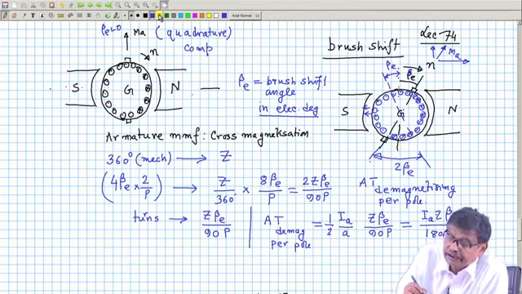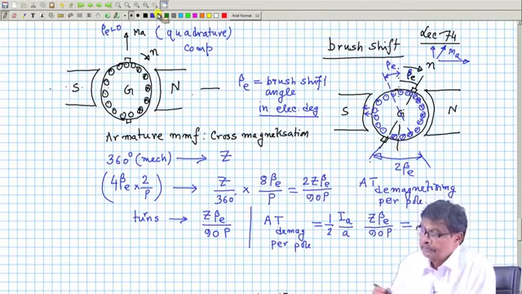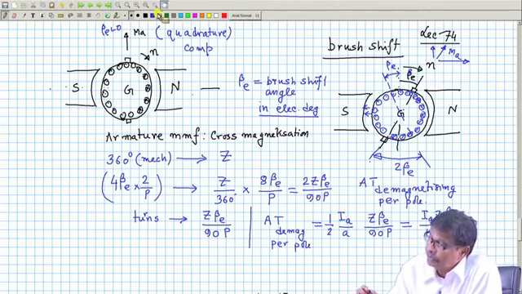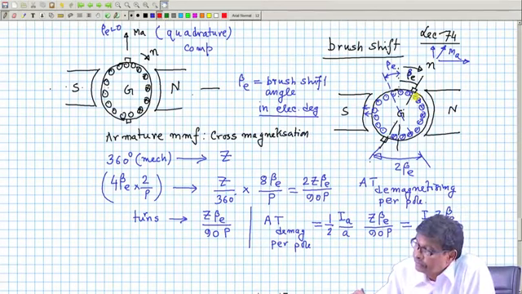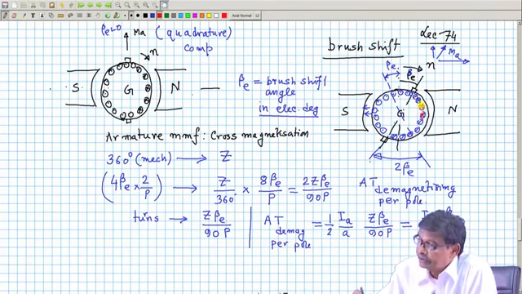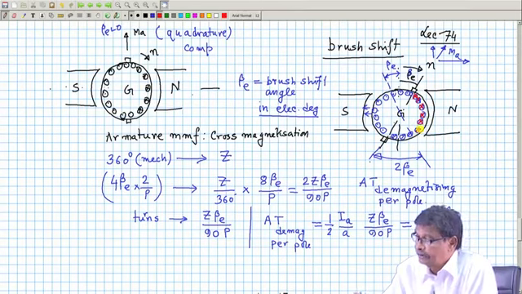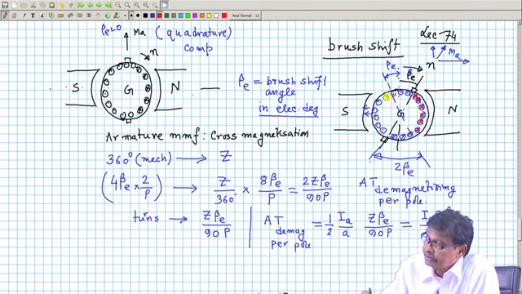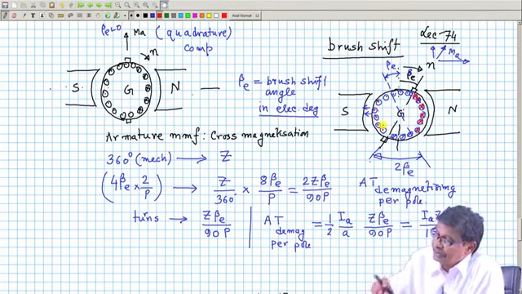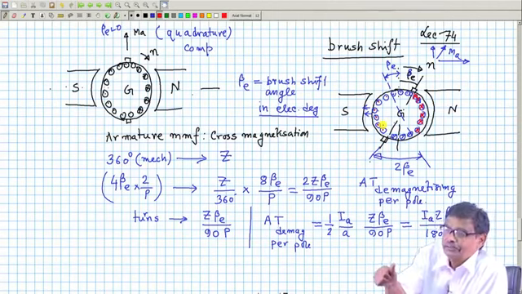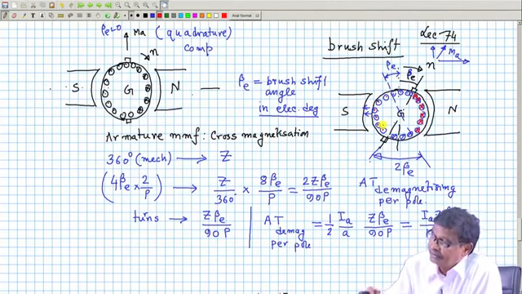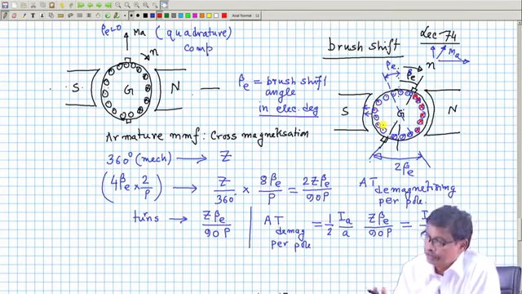So, what should be done is this one: the cross magnetizing MMF will be calculated because of these conductors, this red marks I am doing now, because of these conductors and because of these conductors. Only these red cross and dot conductors will be responsible for the cross magnetization.